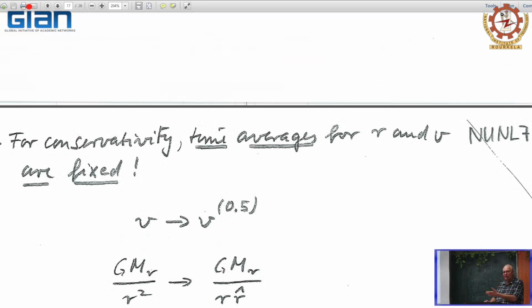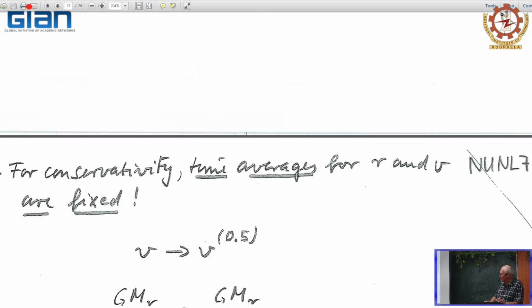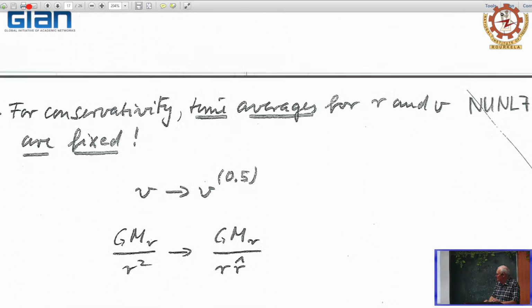We could now go on and ask how we have to define the other differentials and the other weights, other time averages, for conservativity. We just did it for the example of the time derivative, v times dv by dt, leading to d by dt of 1/2 v squared. Okay.